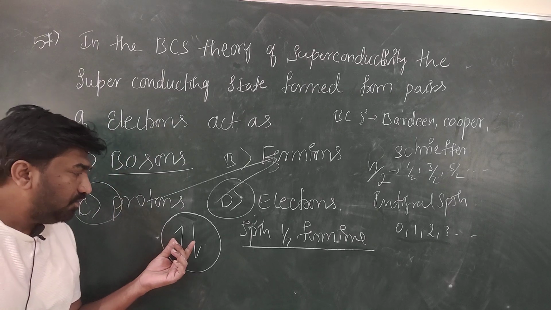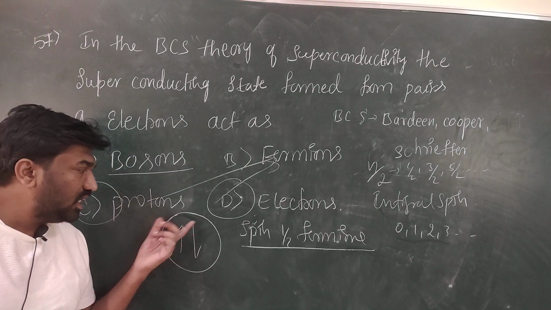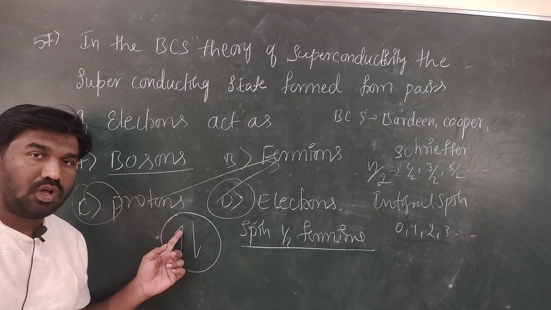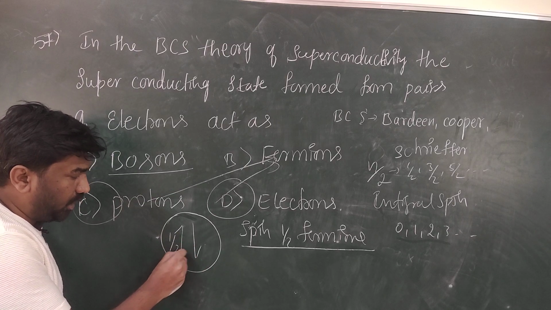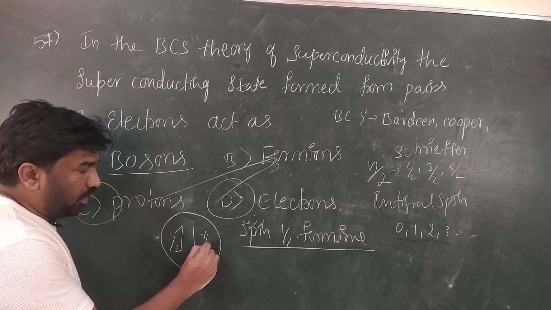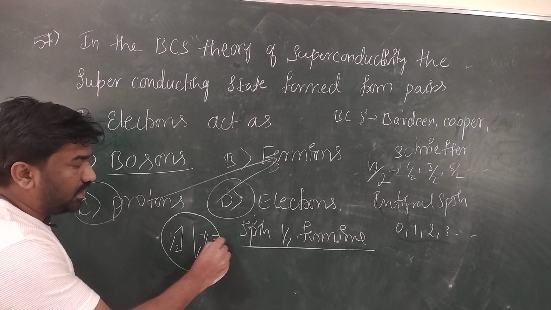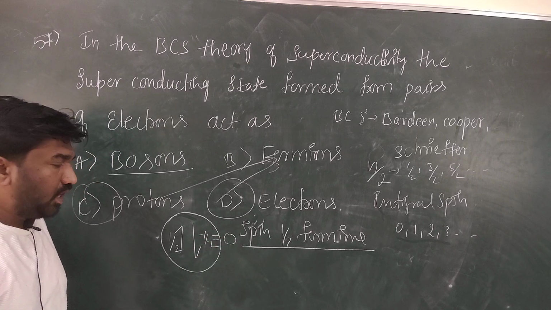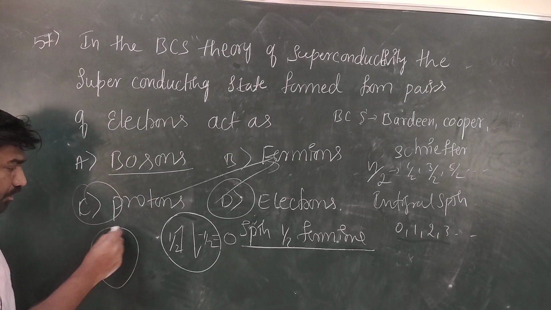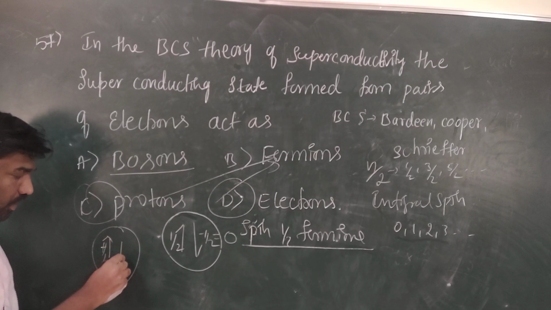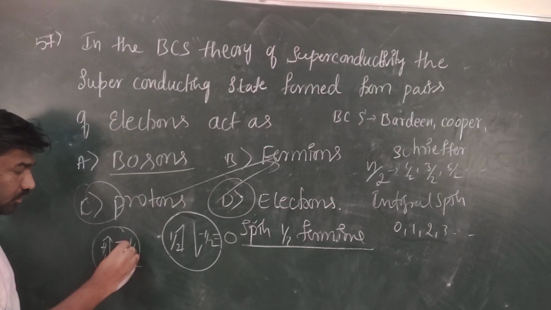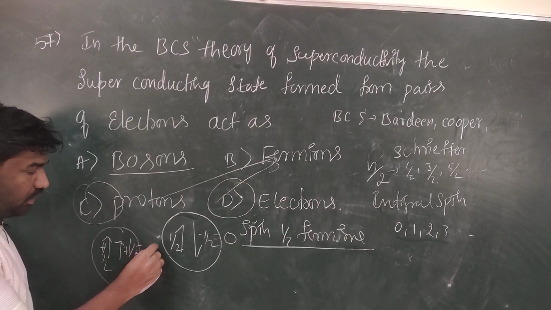Let's see, if suppose 2 electrons are in a system with opposite spin, one is plus 1 by 2 and another one is minus 1 by 2, then the total is 0. If the electrons are plus 1 by 2 and plus 1 by 2, then it is 1.